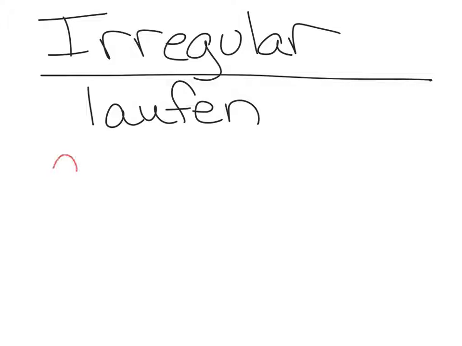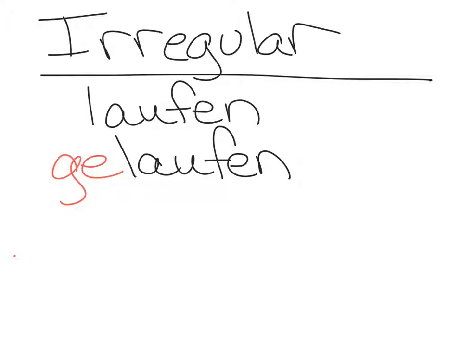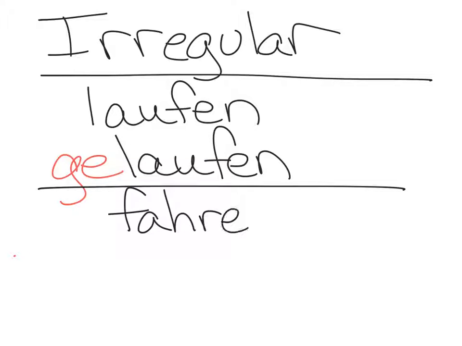All you have to do is add a GE. And that's it. It's about time those paid off, right? Okay. So, gelaufen. That's your new GE word. Okay. What about fahren? What's that one going to be? Gefahren. Yeah, that's it. Does that make sense?